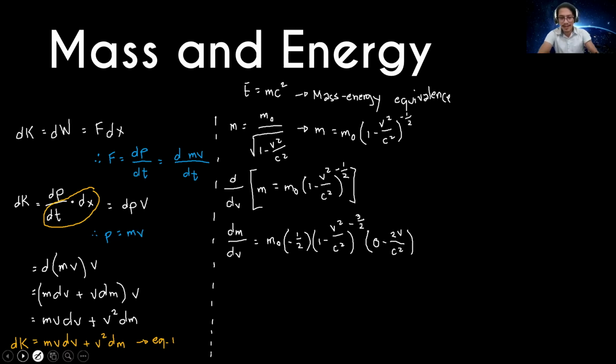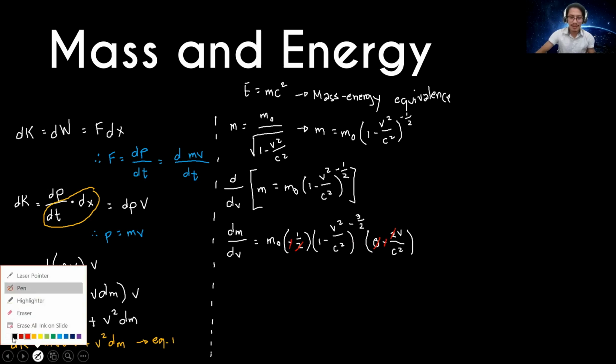So continue. We are going to simplify the terms. So si 0, tanggalin na natin si 0. It is not significant. Now ano yung makakancel natin dito? Si 2. Makakancel si 2. So cancel. Negative times negative, positive. Ano na lang yung naiwan sa ating equation?